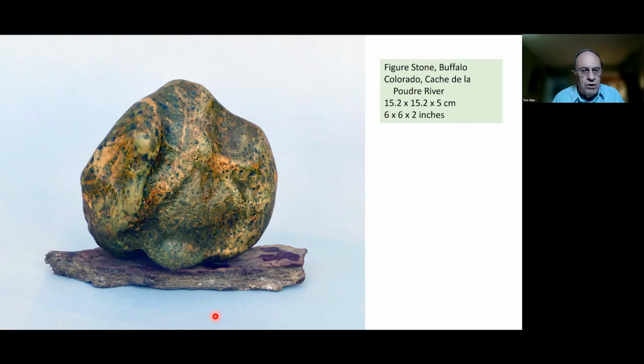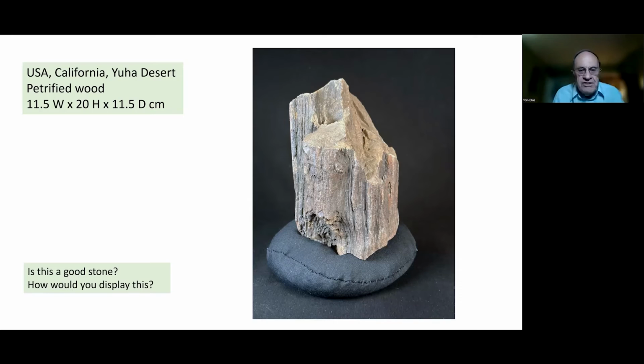Let's just continue on. Here's a piece of petrified wood from the Uhaul Desert in California, southeastern California, bordering Arizona. And I put this stone in because as you turn this stone, different features of it come out and jump out at you. Here, for example, is one very nice feature to this stone, this little cavity, another concave surface in here.